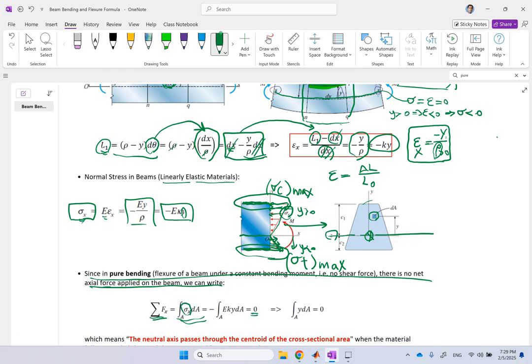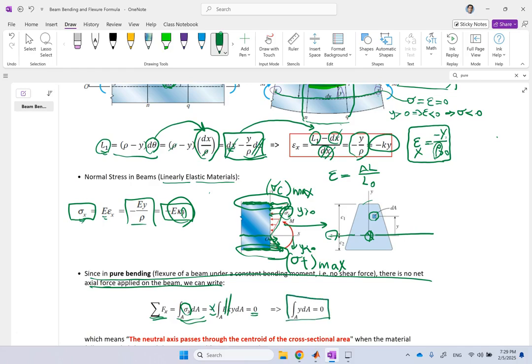But what was sigma? Let's just replace it with what we had, negative EKY. So negative integral of EKY dA equals 0. Now E is a constant, you can simplify both sides with it. In pure bending, K is also a constant, so you can get rid of that. And look here, since this negative can be cancelled, you see that the integral of y dA is 0.